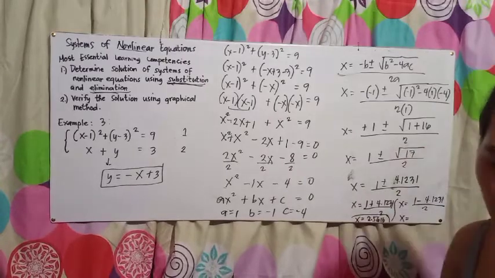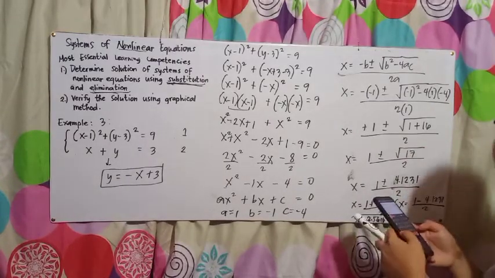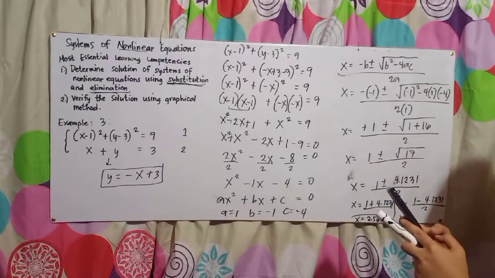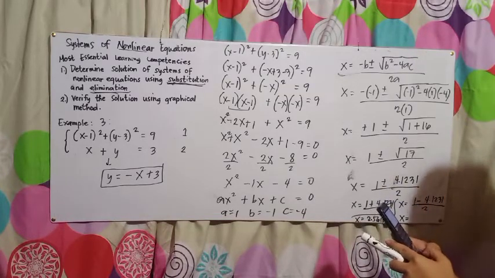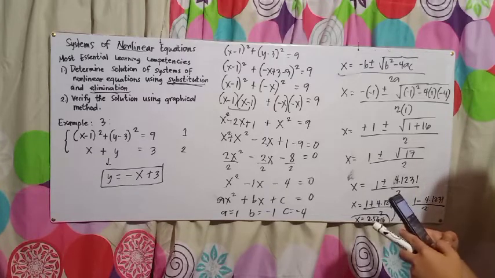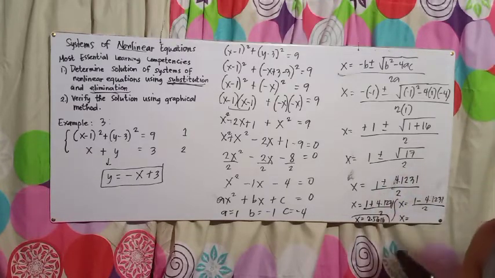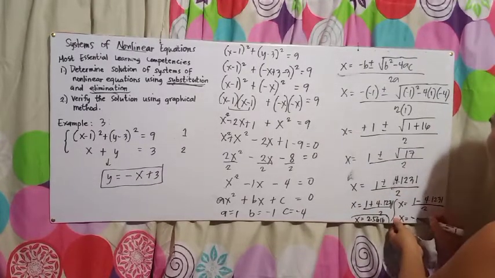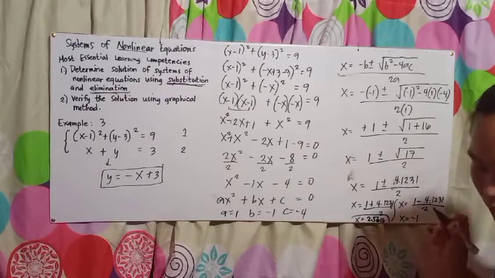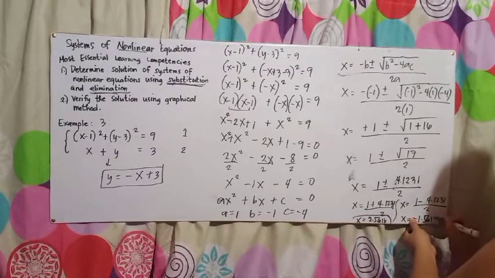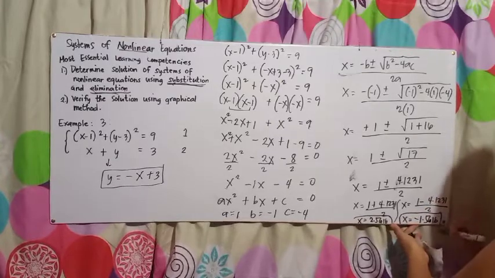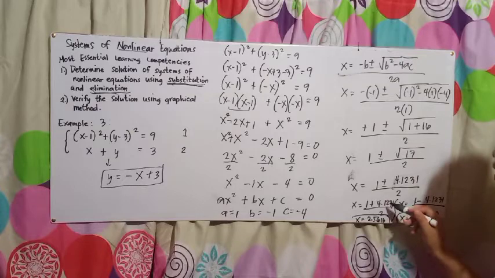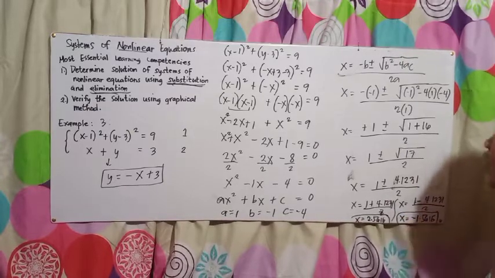So, ang isa, 1 minus 4.1231 divided by 2, negative 1.5616. Kanang minus, ang result i-divide sa 2. Diri i-plus, ang result i-divide sa 2.